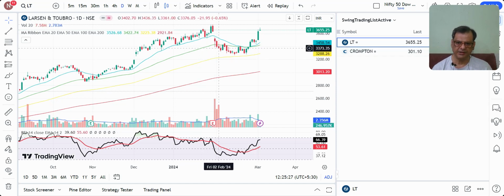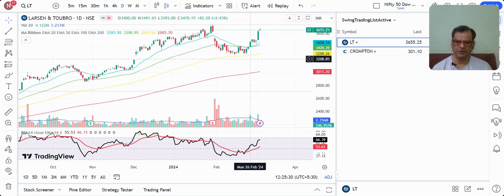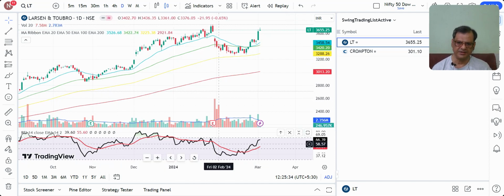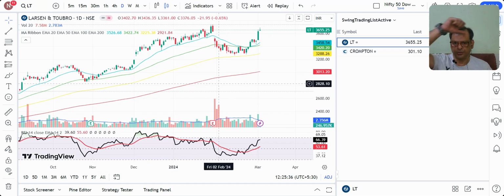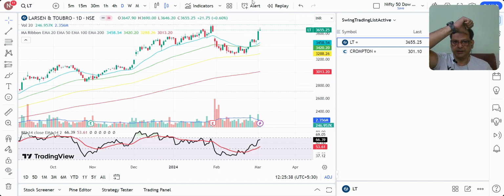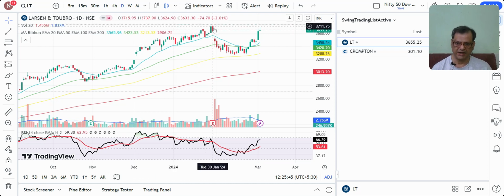If you see here, it just appears like an ordinary pattern where you have higher highs, higher lows, and the price is respecting the 20 EMA. What we see here is that the price has gapped down and is consolidating, coming down, and then slowly going up.